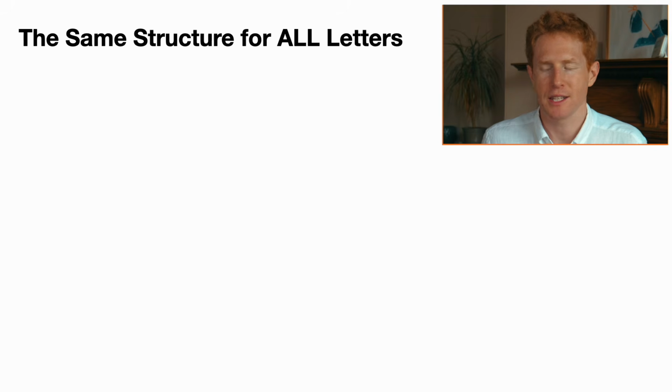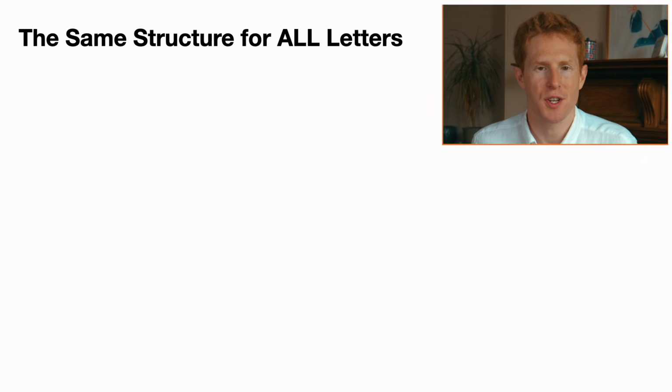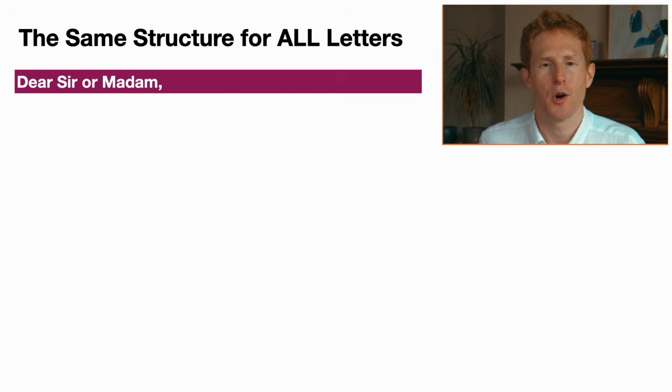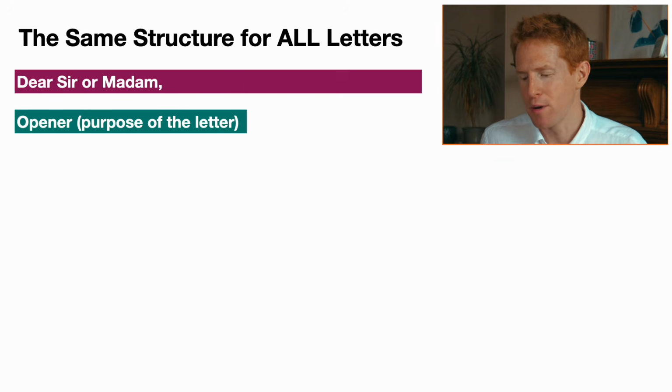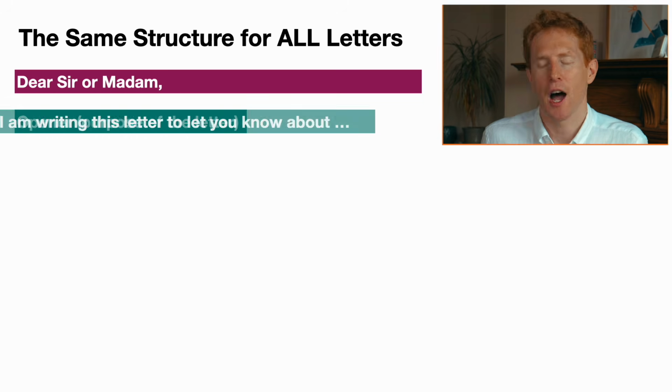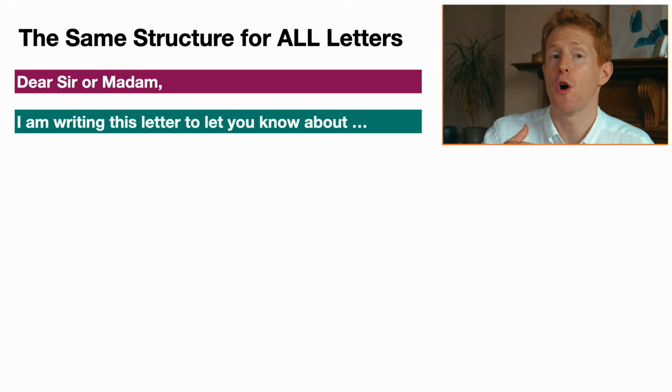Now, regardless of whether you're writing a formal, informal, or semi-formal letter, the structure will be the same. You're always going to start with a greeting. So that's going to be something like, Dear Sir or Madam. And then you're going to have an opener, which gives the purpose of the letter. So it will look something like, I am writing this letter to let you know about.